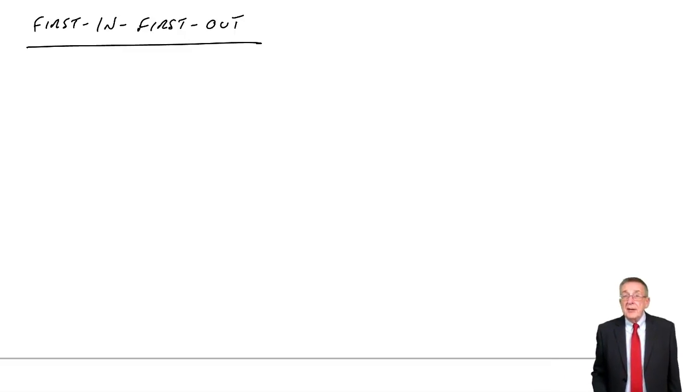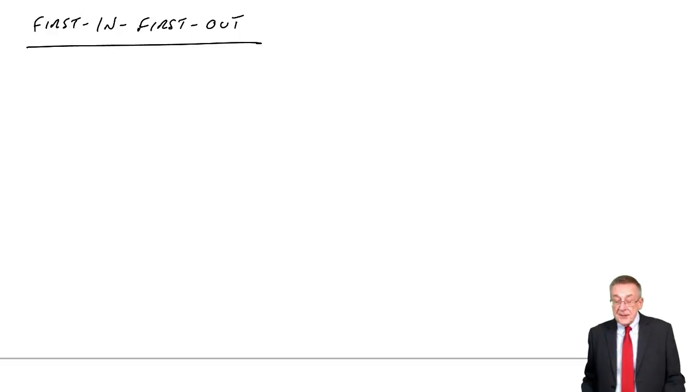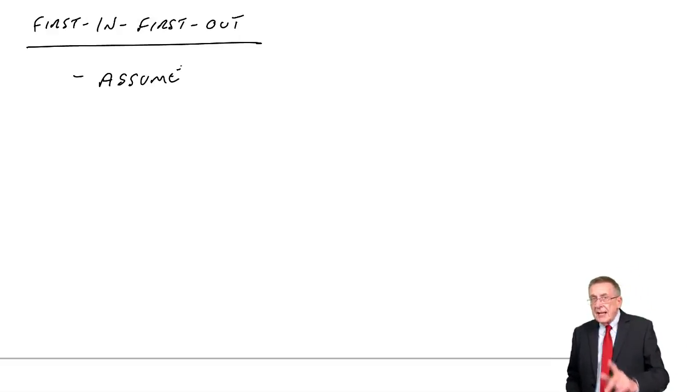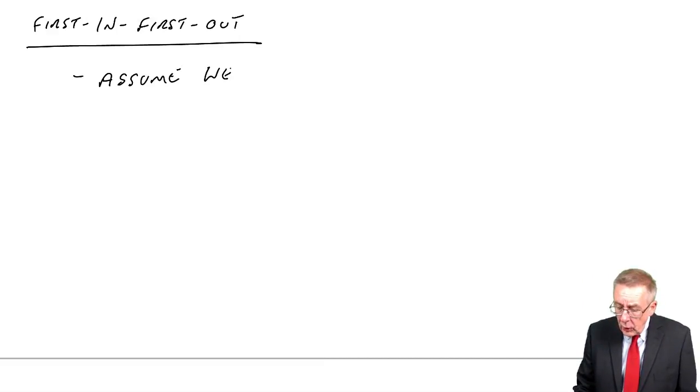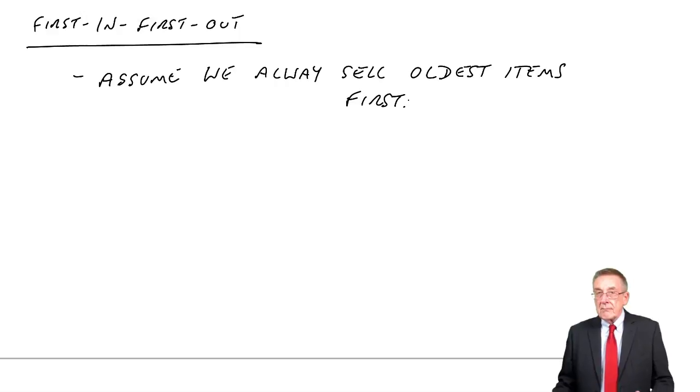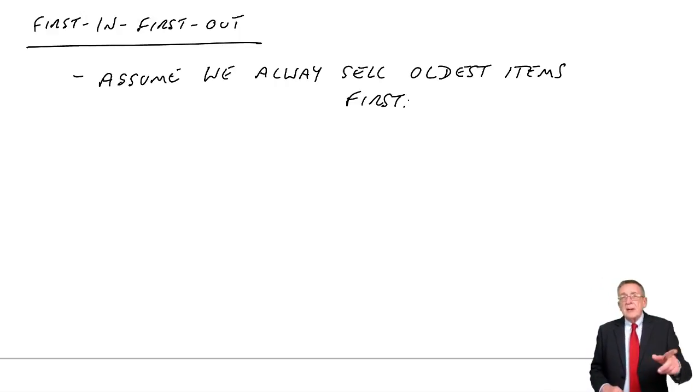Well, with first in, first out, we make an assumption. We assume that every time we sell any, we always sell the oldest items first. Think about a supermarket.